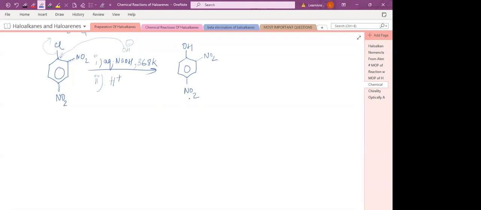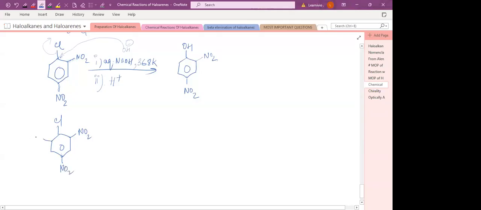They just pull all the electrons. It decreases the electron density of the benzene ring. So that's the function of the electron withdrawing group. Similarly, if I attach three nitro groups, suppose this is a chlorine, ortho position, para position, and again ortho position, NO2.